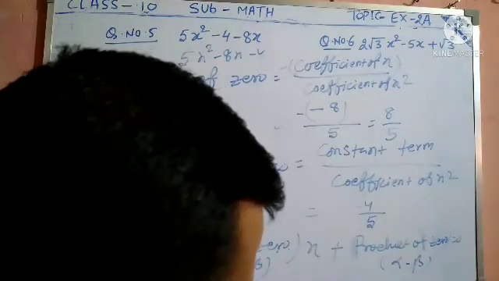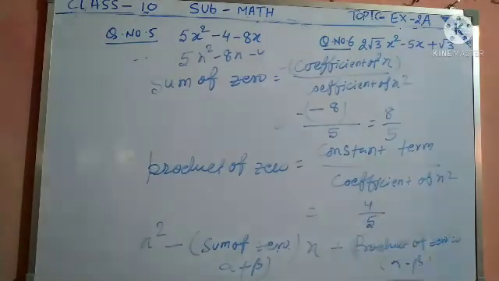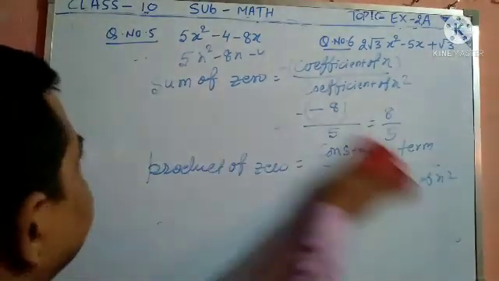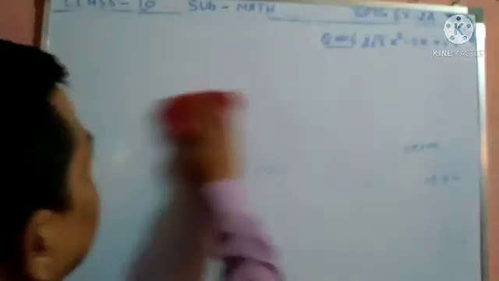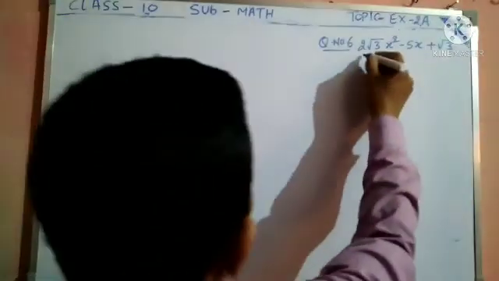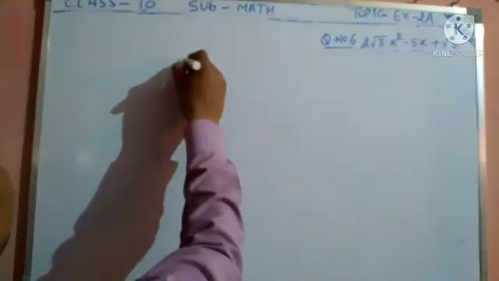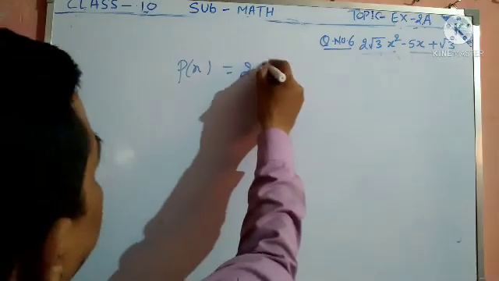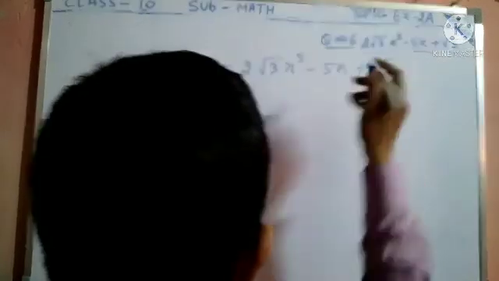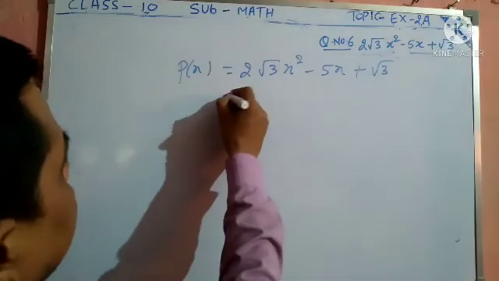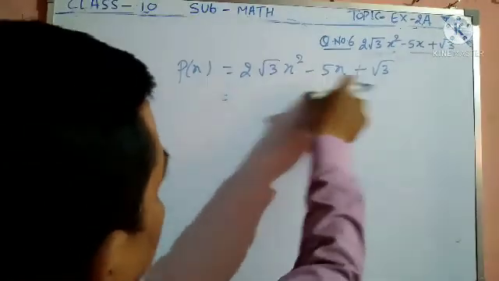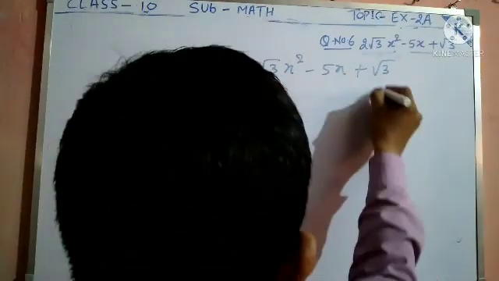Now take another question. I give you some hints and you solve these questions. Now question number 6: the function p of x is 2 root 3 x square minus 5x plus root 3. First, check that the order is correct.